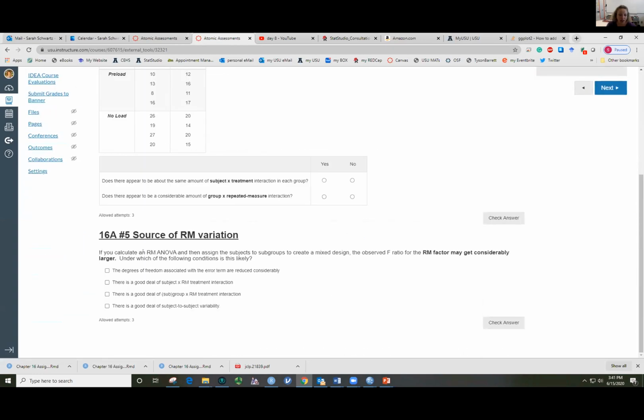If you calculate a repeated measures ANOVA and then assign the subjects to subgroups to create a mixed design, the observed F ratio for the repeated measure factor may get considerably larger if there is a good deal of subject by treatment interaction.